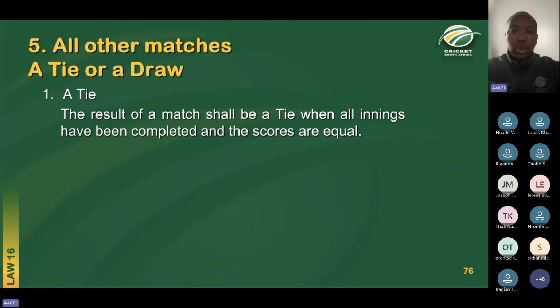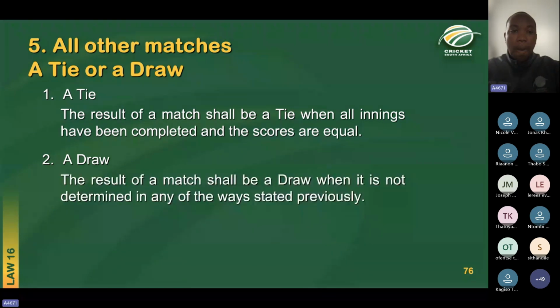Abdullah took us through how an innings can be completed on Monday. It is mainly when a side is all out, or in the scenario of a limited overs match, when the overs for an innings are completed.